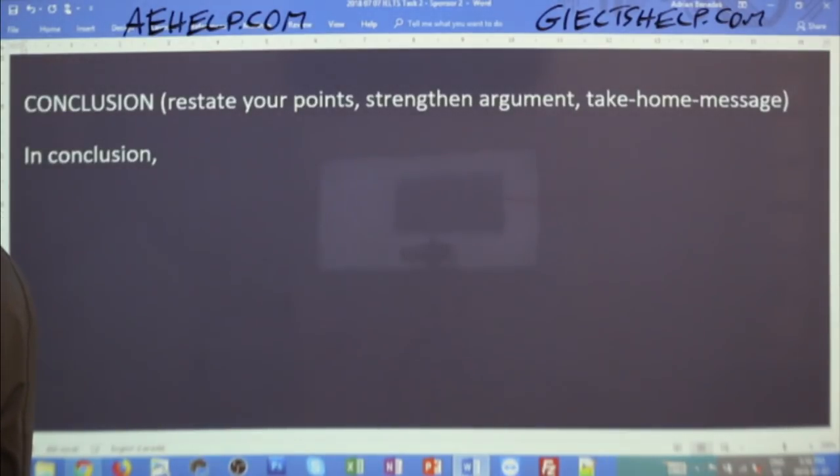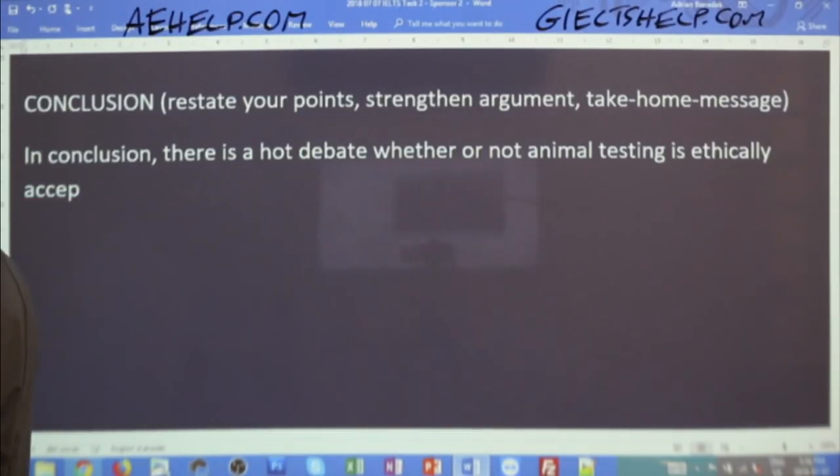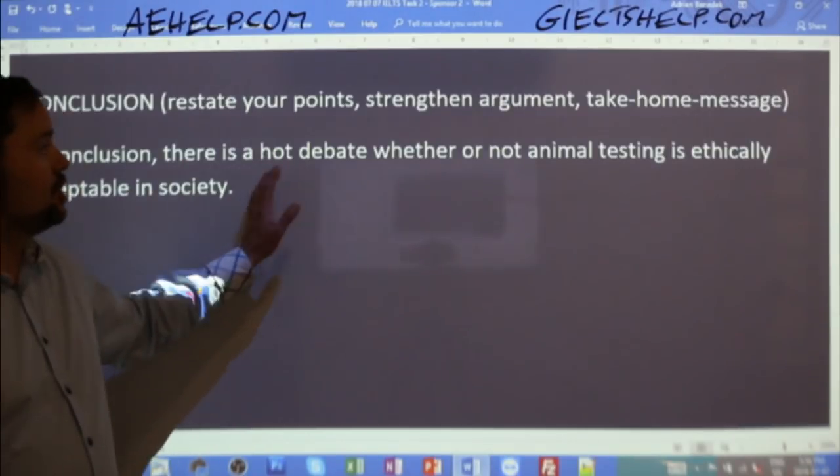So in conclusion, there is a hot debate whether or not animal testing is ethically permissible, acceptable in society. Okay, so that is the points. Okay, should it be allowed? Shouldn't it be allowed?